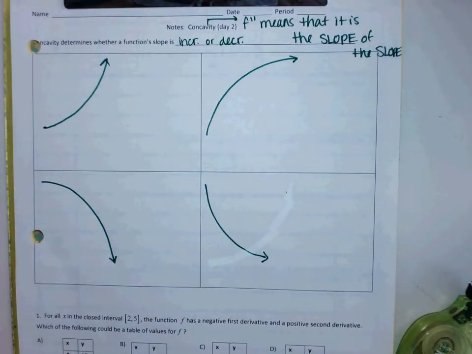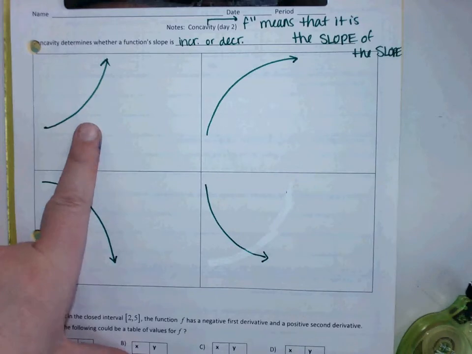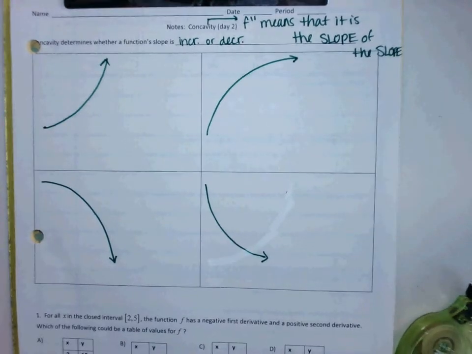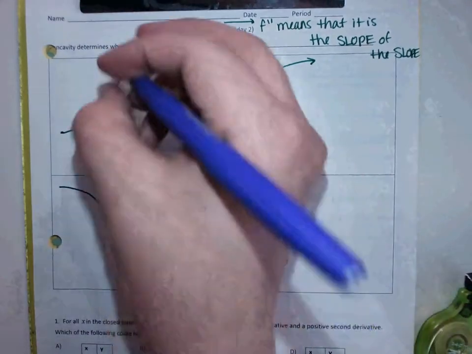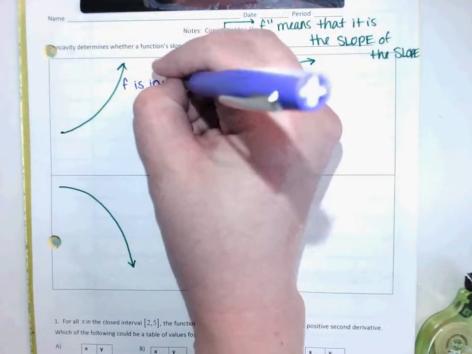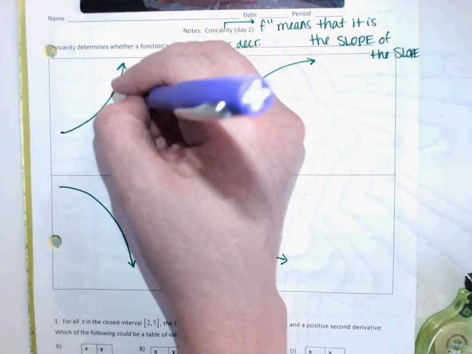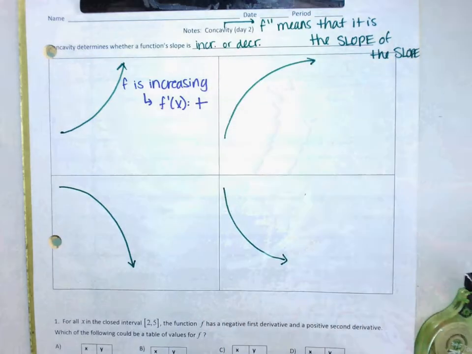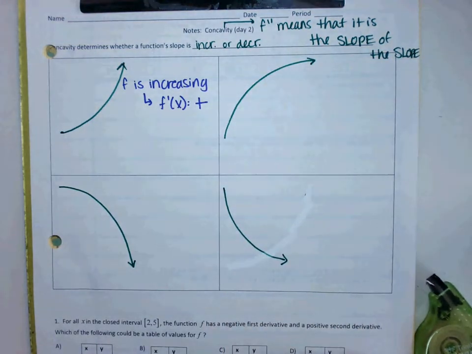Okay. So, top left, look at just this picture once you've drawn all 4. Is f increasing or decreasing? f is increasing. What does that tell me about f prime? It's positive. When f is increasing, f prime is positive.